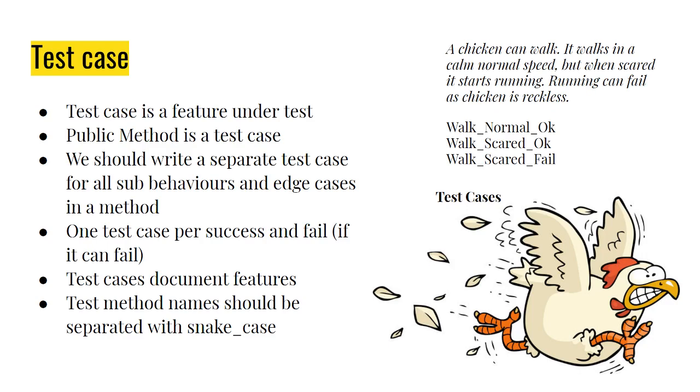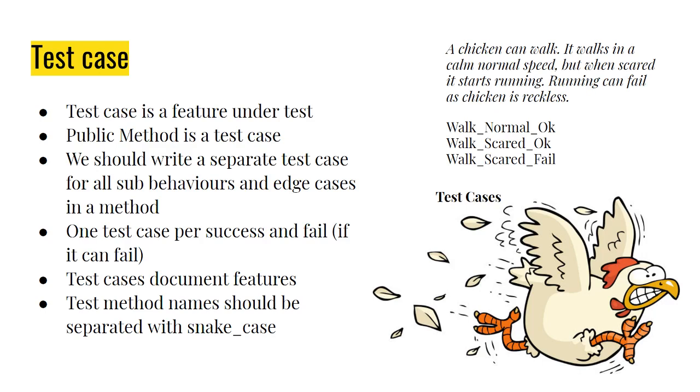If the chicken can be scared, if the chicken can walk normally, well, consider this specification. When the chicken is in his normal behavior, he walks normally, like a meter a second. When the chicken is scared, he walks 10 meters a second. But when a chicken is scared, he also has a chance to fail walking, to trip, to fall, to start flying, which influences the way a chicken walks.